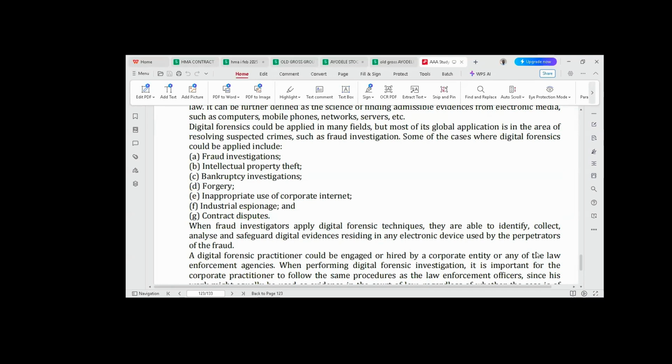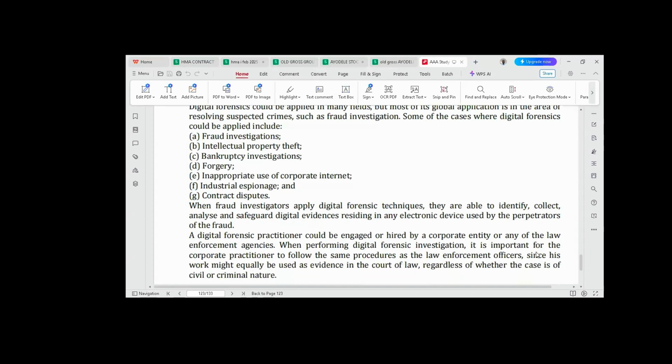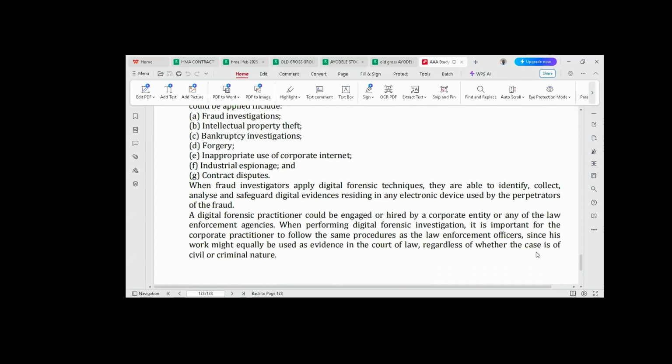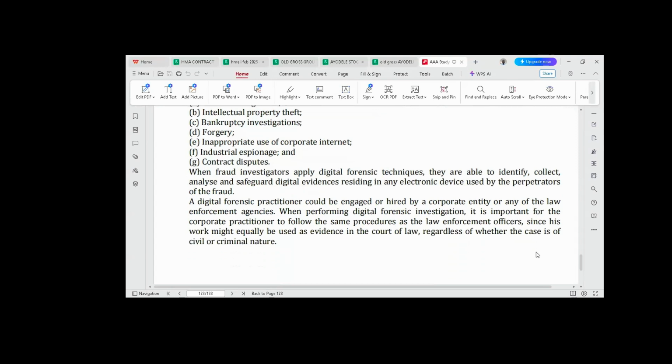Chain of custody means that the information he has obtained, he must secure so that it is not tampered with. So for you to carry out digital forensic, you must be a certified fraud examiner, CFE, where you have been trained on how to unravel fraud. All right?